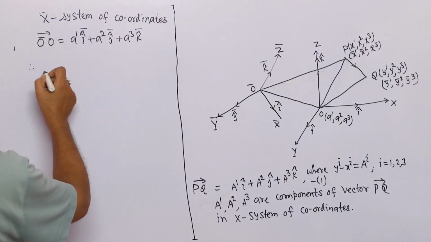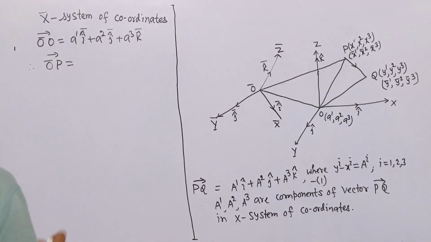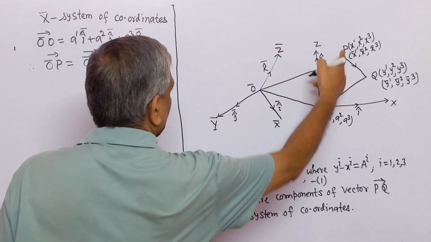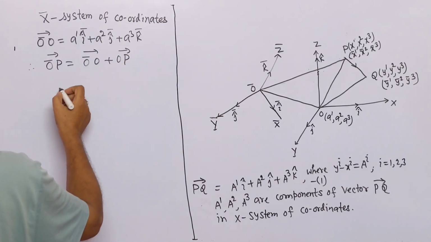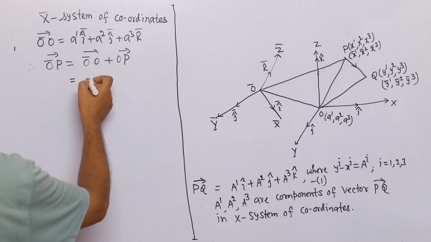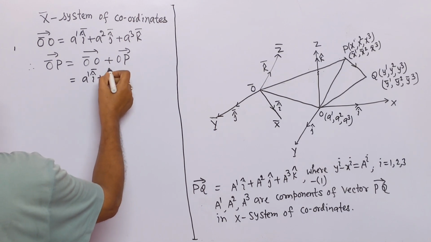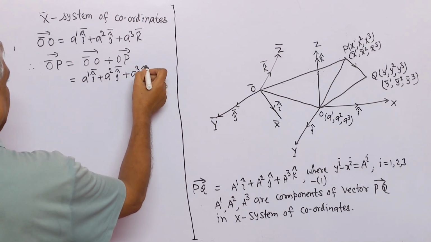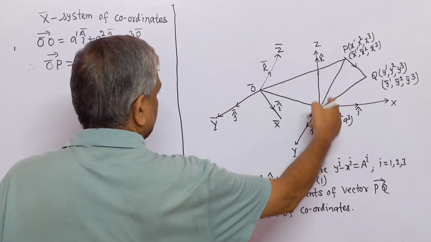Therefore, vector O bar P equals vector O bar O plus vector OP, and this equals a1 i cap bar plus a2 j cap bar plus a3 k cap bar plus vector OP in the x system of coordinates.